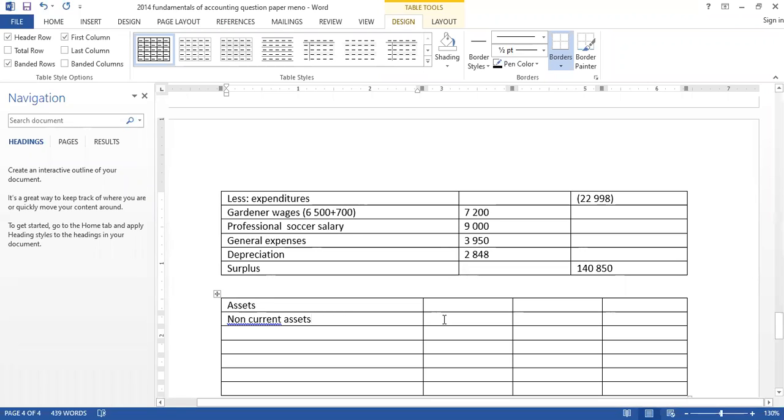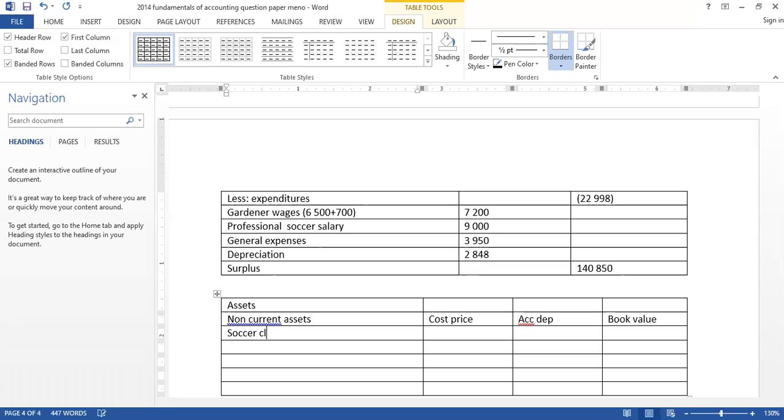And because non-current assets depreciate, we have the cost, the accumulated depreciation, and then the book value. This is the cost price.